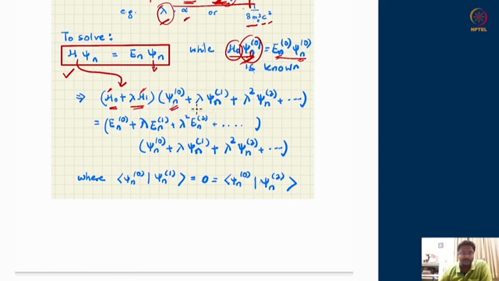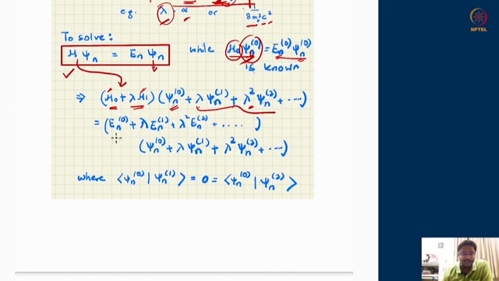Therefore, there should be correction terms, and we allow for correction terms to be expandable in the parameter lambda, whatever is the coupling parameter. It could be first order in lambda times some correction term, plus second order in lambda, which is lambda squared, and a correction term at the second order, and so on.